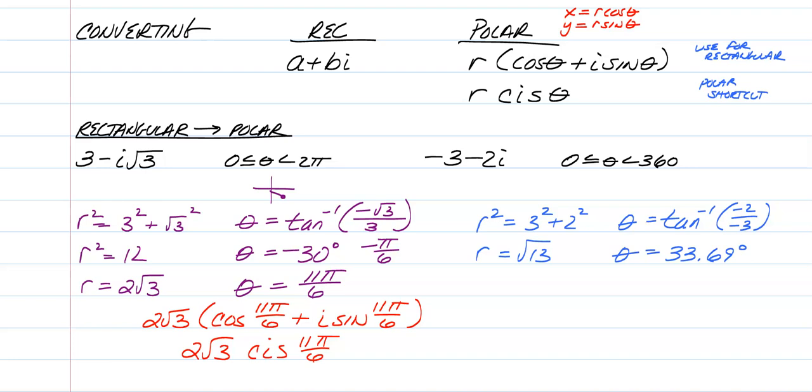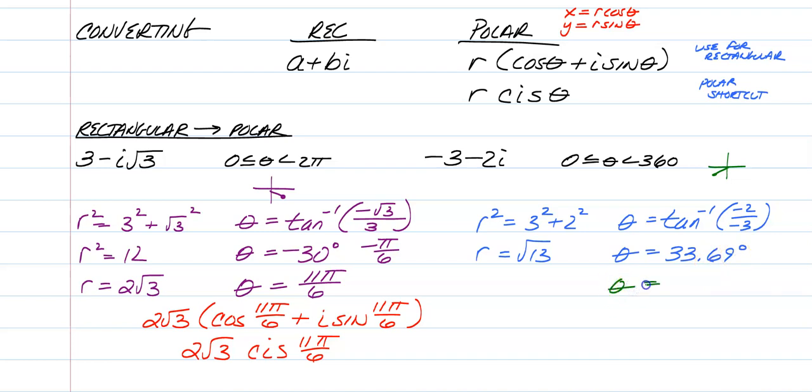So to put this together, you have to first remember quadrant is important. So negative negative is going to put us in quadrant 3. Okay, so you have to be careful of that. So that means 33.69 is in quadrant 1. We need to go 33.69 degrees past 180.